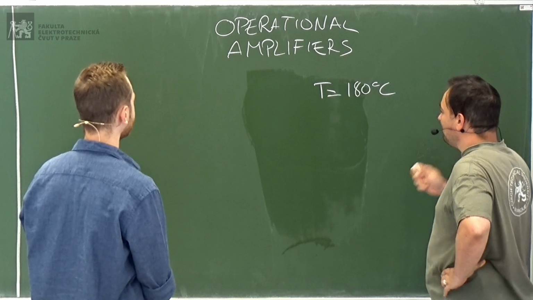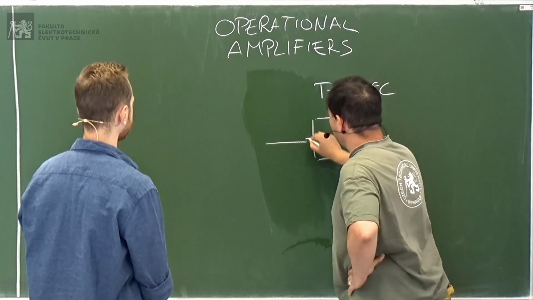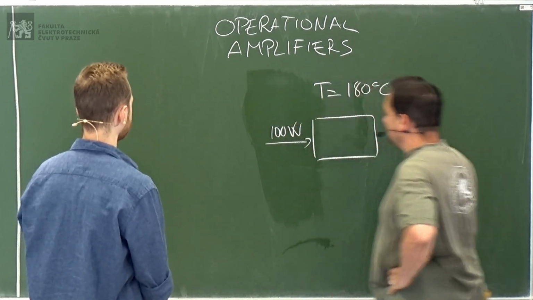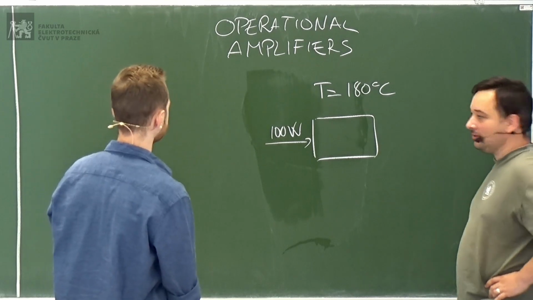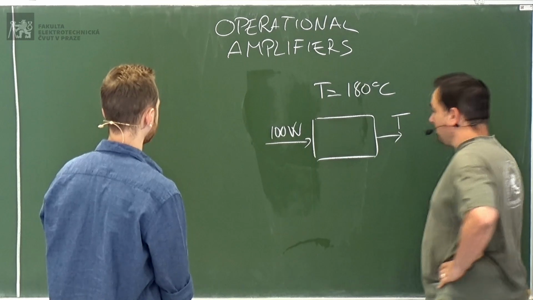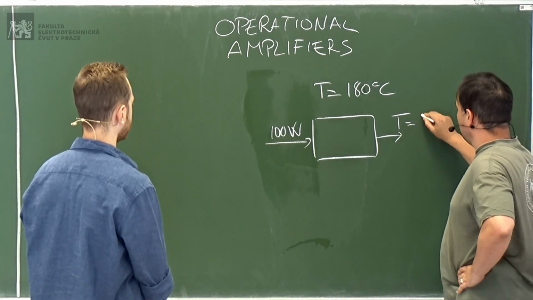So you have your oven. You give, I don't know, 100 watts, and say, okay, I'll power it with 100 watts. Then you get some temperature, you measure, I don't know, 50 degrees.